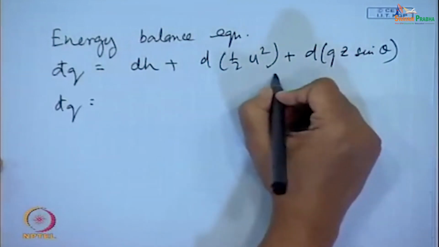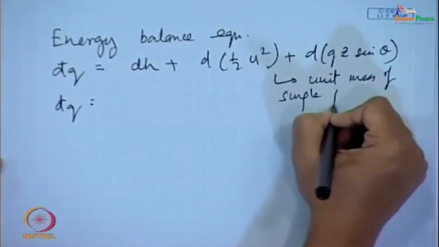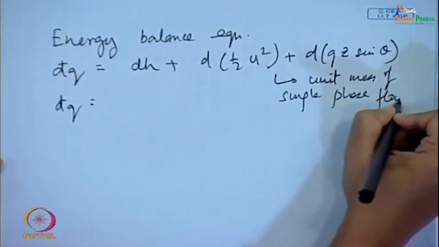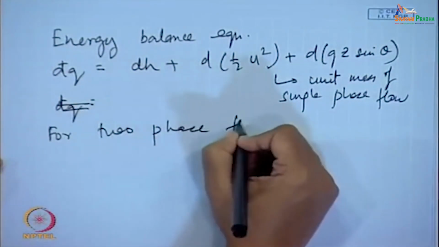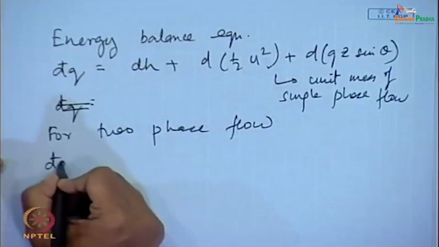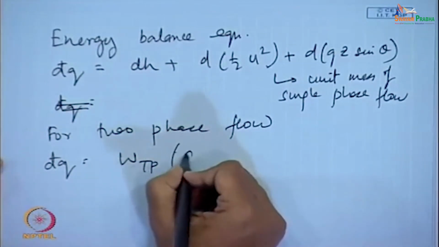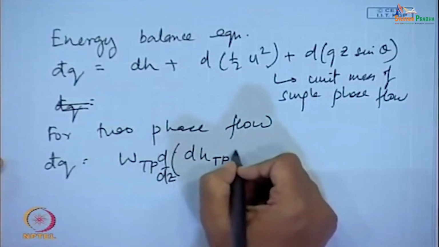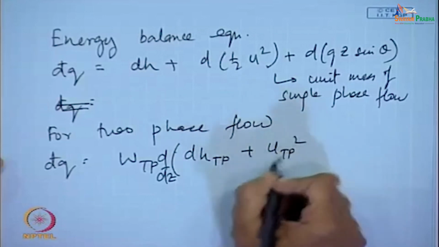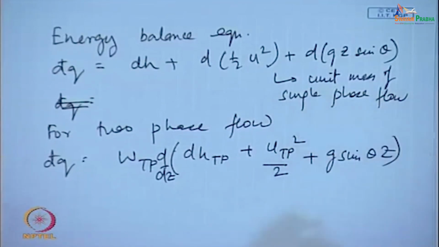Suppose this was for unit mass of single phase flow. For two phase flow, what do we get? For two phase flow, this is going to be dq equals, if it is not for unit mass, then we will put a W_TP, d/dz of dH_TP plus u_TP square by 2 plus g sin theta into z. This is the energy balance equation that we can write.